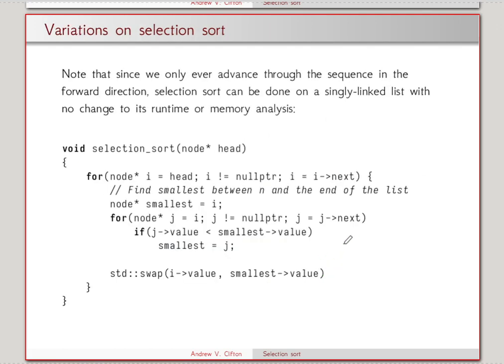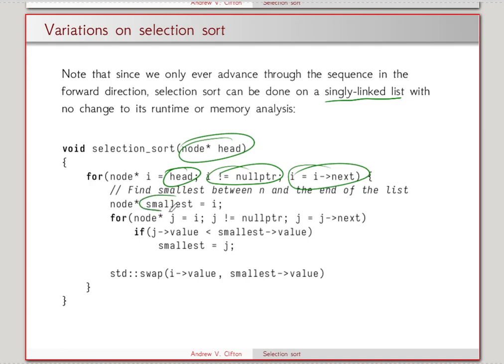There are a few variations on selection sort, right? For example, we could do a selection sort on a singly linked list, because we only ever go forward. We'd only move in the forward direction here. So switching from an array to a singly linked list doesn't change anything about the analysis. If we have a pointer to the head of a list, i starts at the head, i is not equal to null pointer, i equals i arrow next, right?